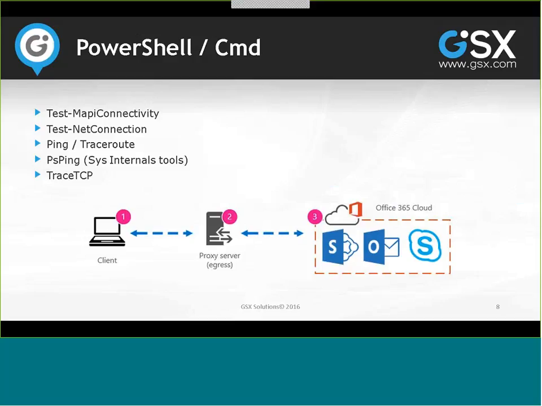So there's your basic commandlets here: Test-NetConnection, Test-MAPIConnectivity, not only testing network and port availability, but also some Outlook-specific protocols and services as well. There's different ones for the client access, for auto-discover, for MAPI connections, a whole bunch of different commandlets inside the EMC there. So you've got your basic ping and traceroute to give you some information on the network and all the hops in between.